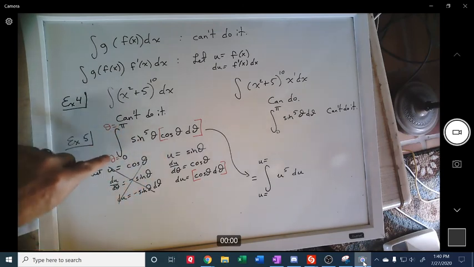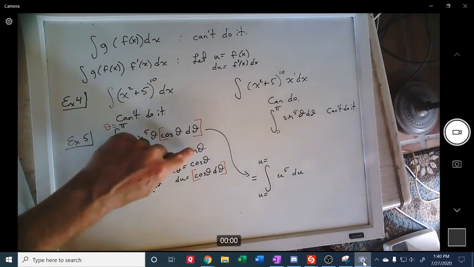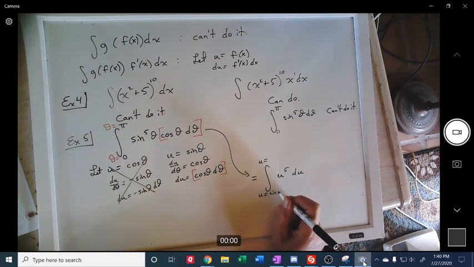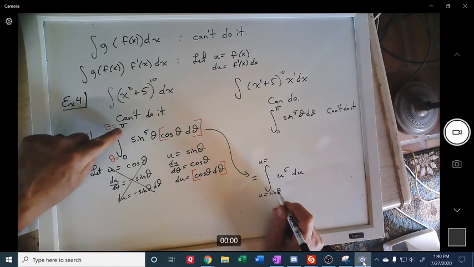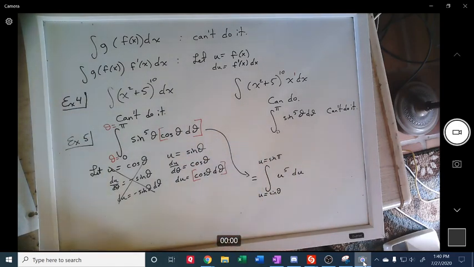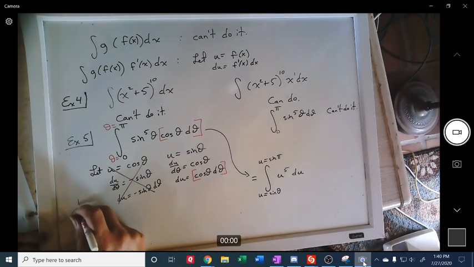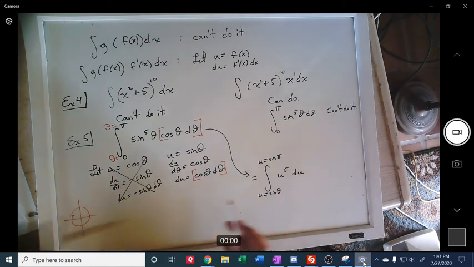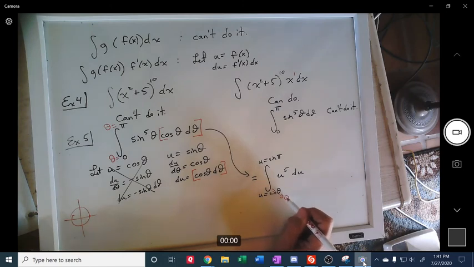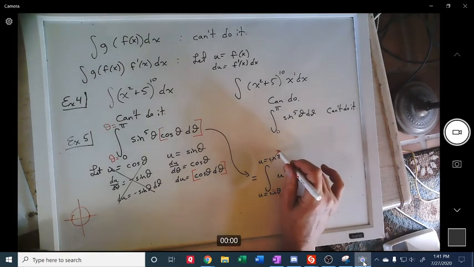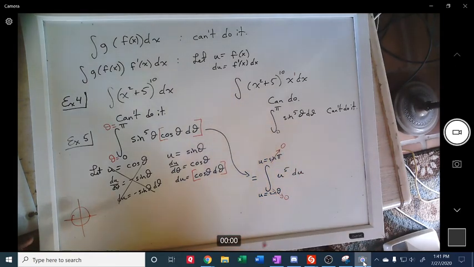So, when theta is 0, u is going to be the sine of 0. When theta is pi, u is going to be the sine of pi. Just look at the u equation. Now, we know what the sine of 0 is. Quick unit circle. The sine is the y-coordinate at that point. So this is 0. Sine of pi, the y-coordinate at that point is 0.